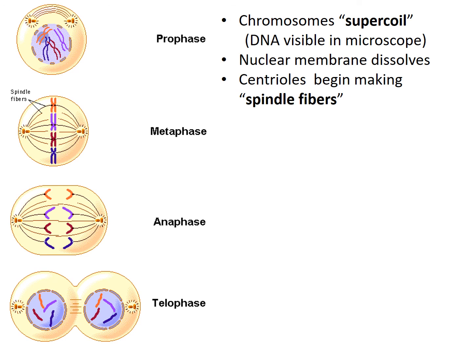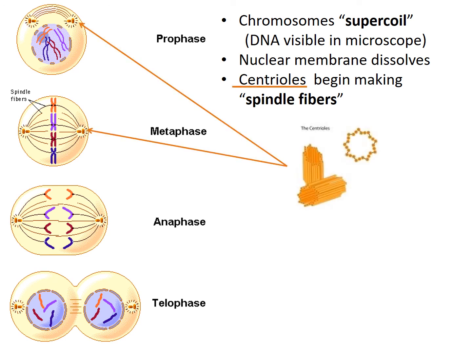During prophase, the nuclear membrane starts to dissolve, and the cell organelles called centrioles begin building spindle fibers. So these are the centrioles, and their function is to build spindle fibers, which are proteins that are going to grab the DNA molecules, the chromosomes.